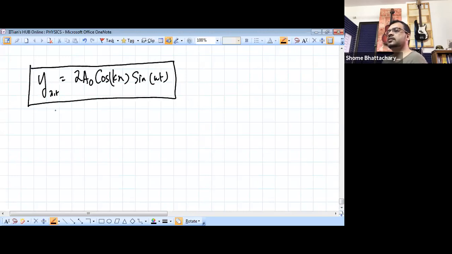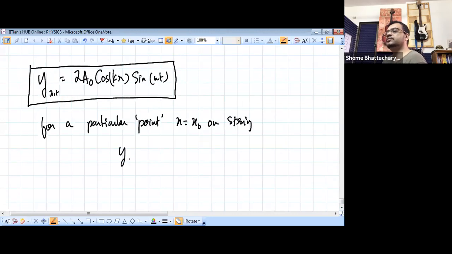It is giving that for a particular point, let's say x equal to x naught on the string, y as a function of time at x equal to x naught is becoming 2a naught cos kx naught sine omega t. So it is like this.